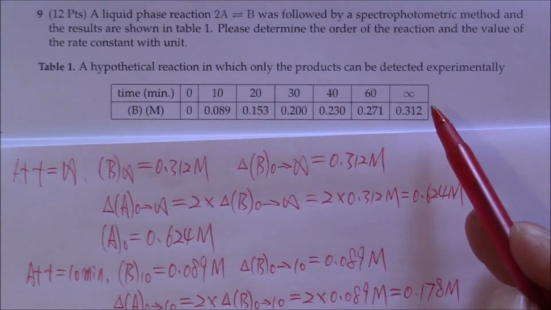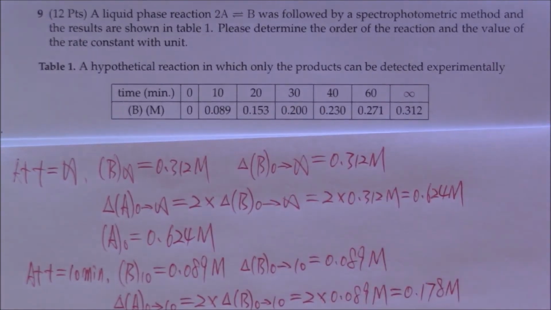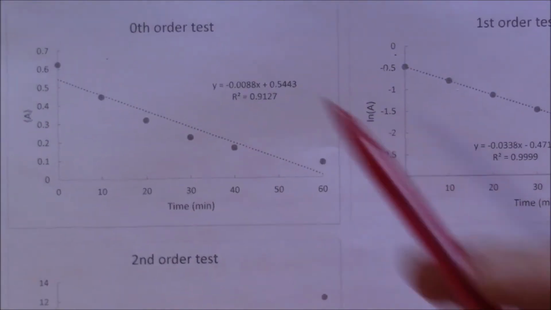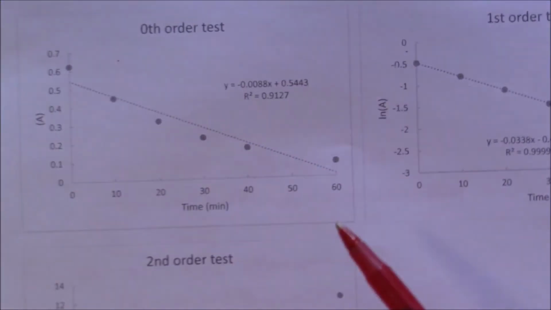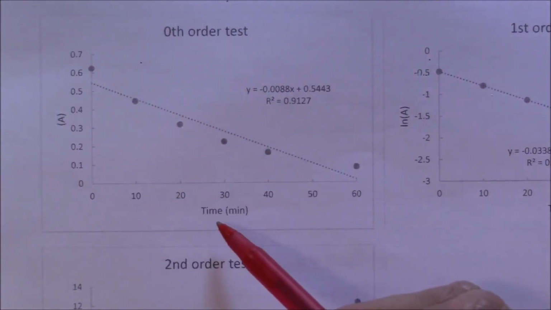Then, after we calculate the concentrations of A at any time here, we can use the plotting method to check the order of the reaction. These are the results. To run the zeroth order test, we have to plot the concentration of A as a function of time. Remember, do not include the infinity into your plot because there's no way to show the point of infinity.